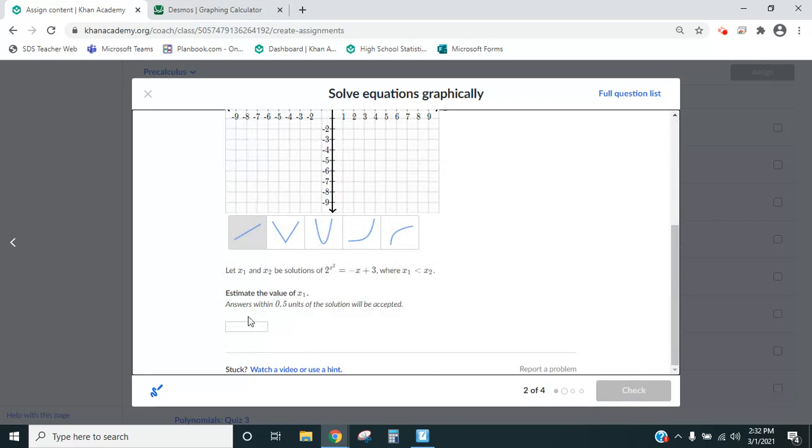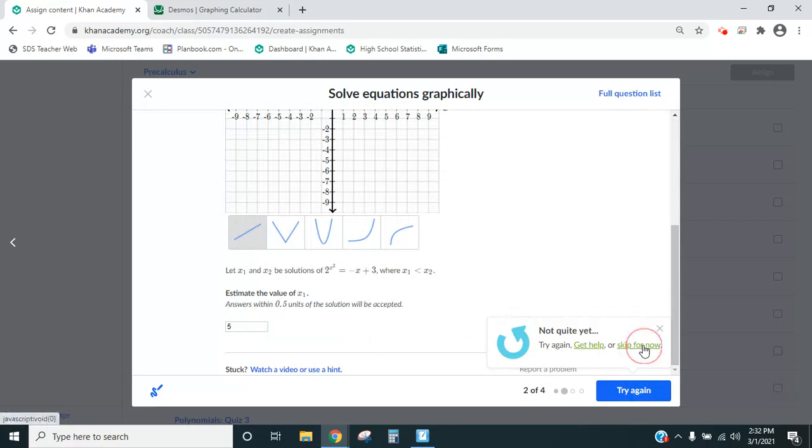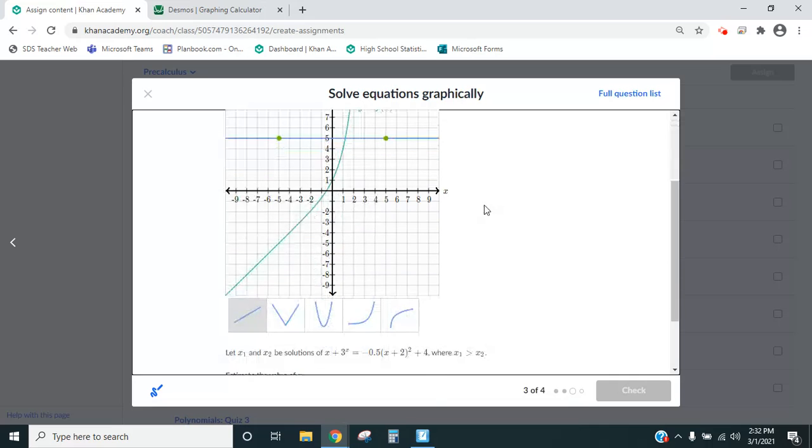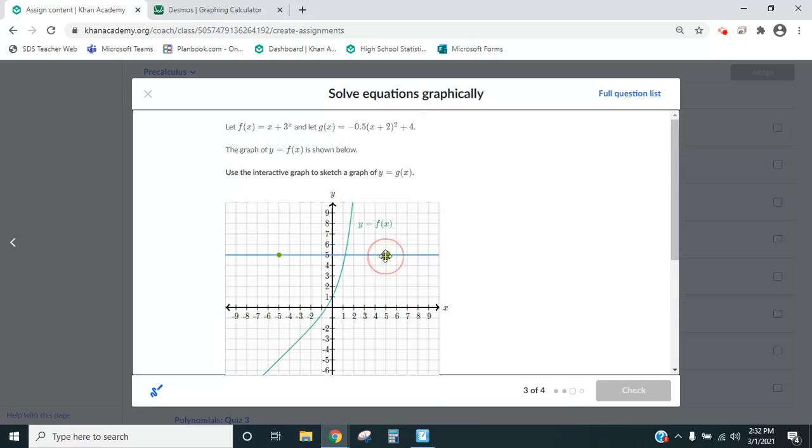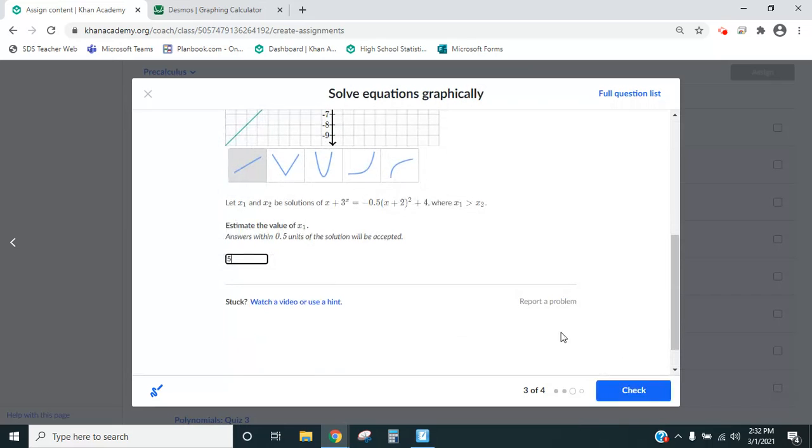Another line. Well, there's a parabola. We could graph that. I'll leave that up to you.